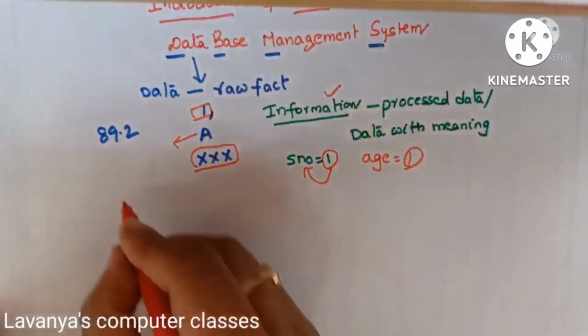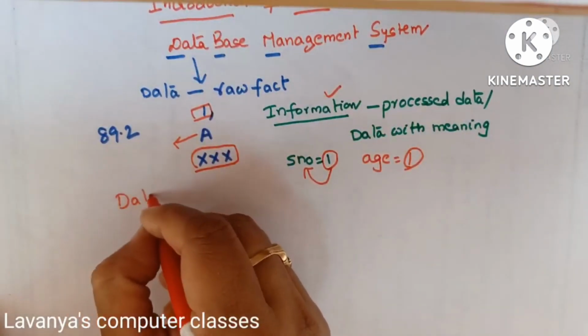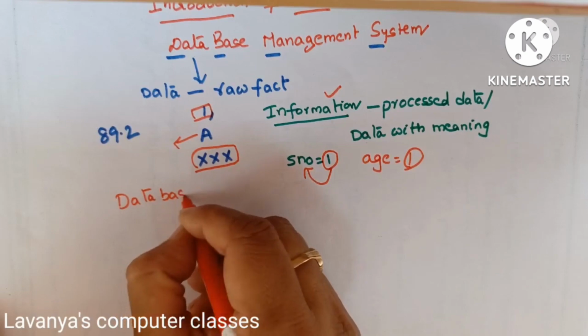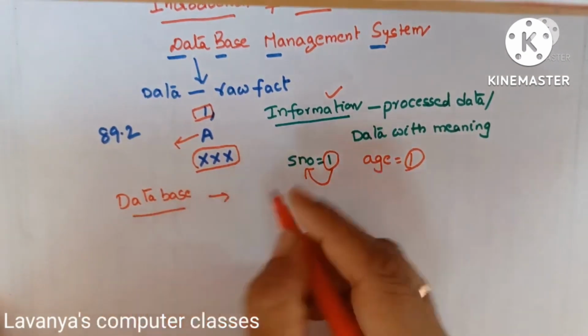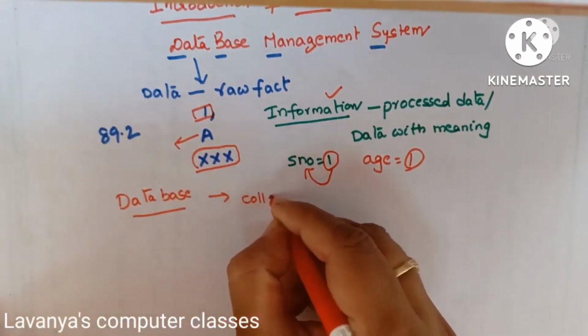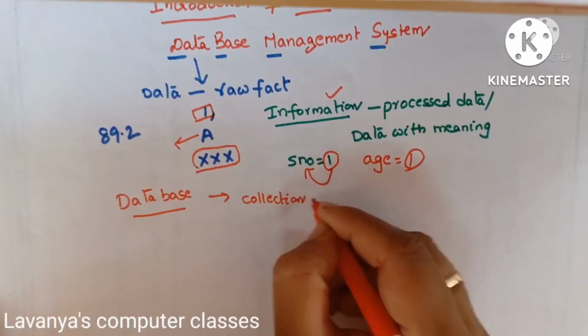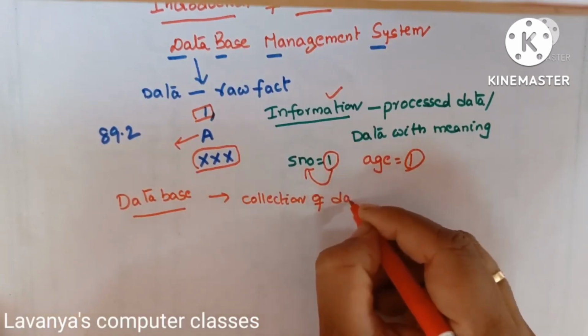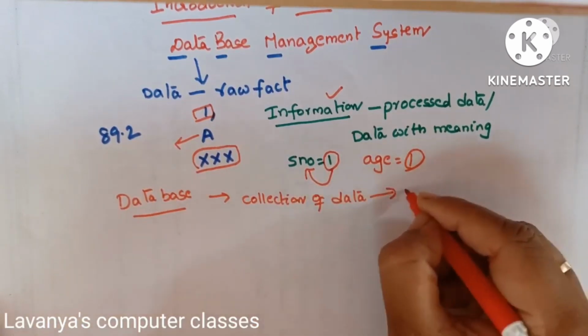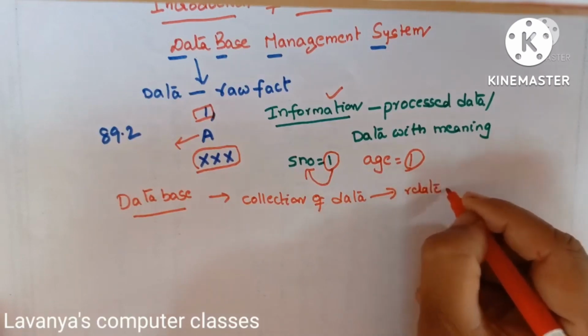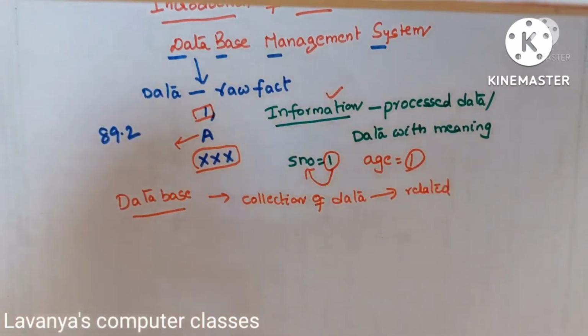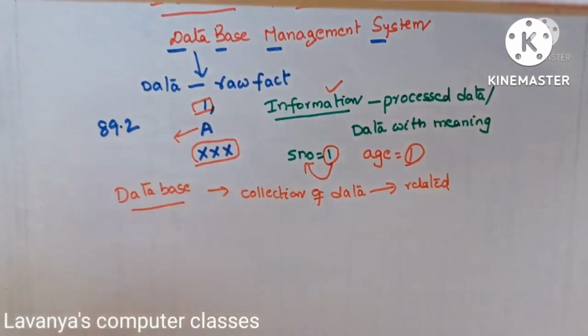Now we go for database. What is the meaning of database? Database means a collection of data. After collecting all the related data, stored in one place, that is called a database.